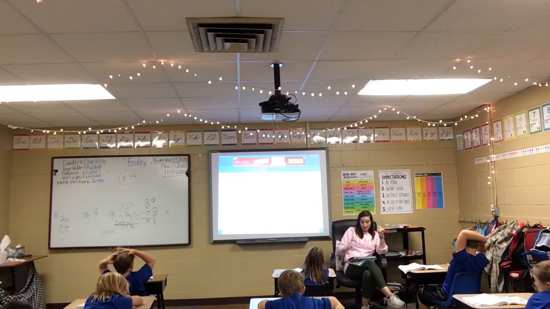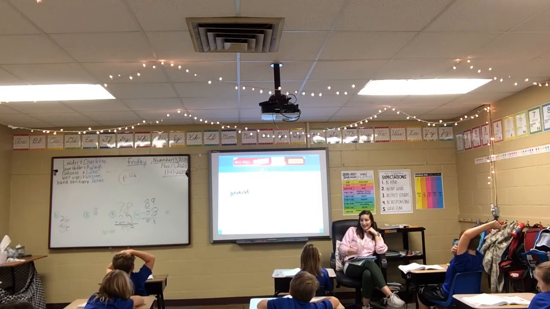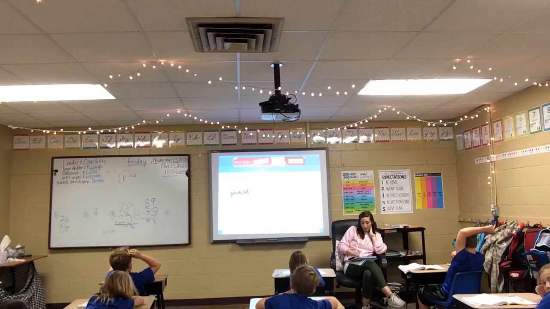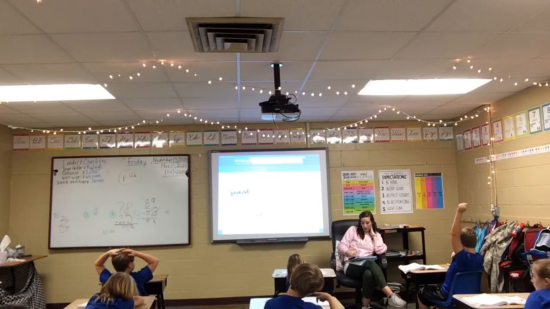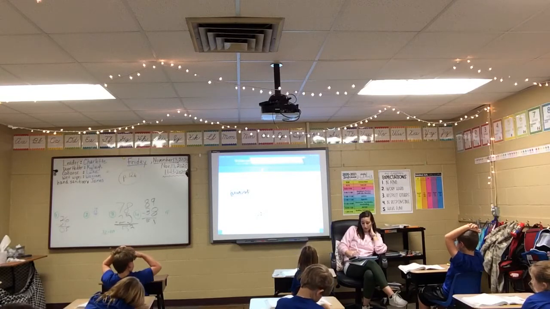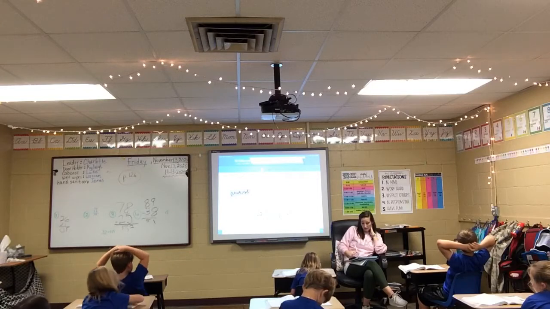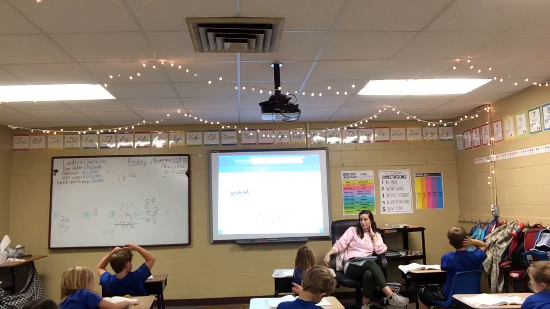Now, we're going to take the 10 frame, this right here, and we're going to break it down into 10 ones. 1, 2, 3, 4, 5, 6, 7, 8, 9, 10. Okay?